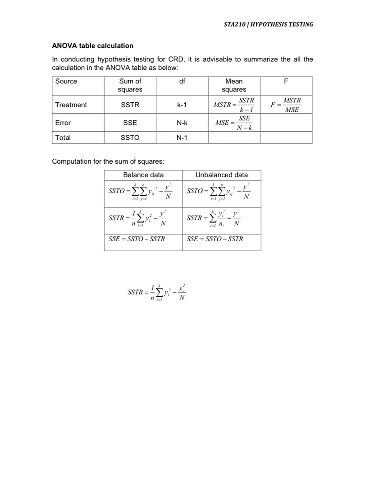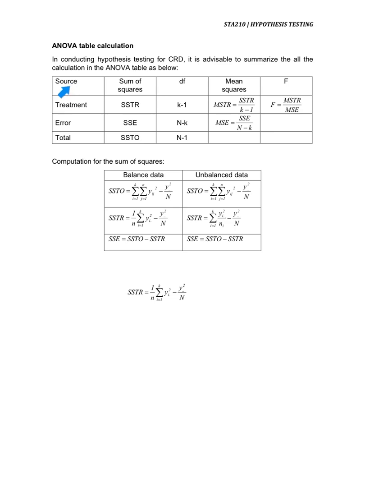Okay, now let's take a look into the ANOVA table calculation. In conducting hypothesis testing for completely randomized design, it is advisable to summarize the calculation in the ANOVA table as below. The ANOVA table consists of 5 columns.